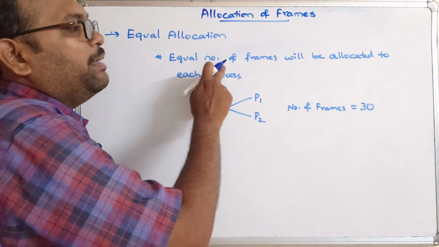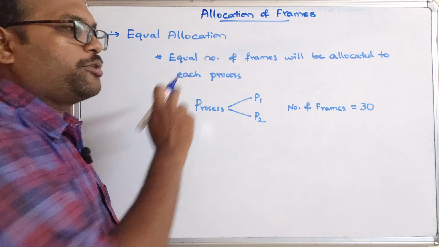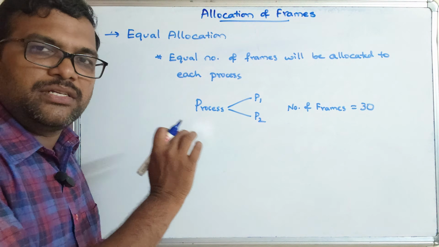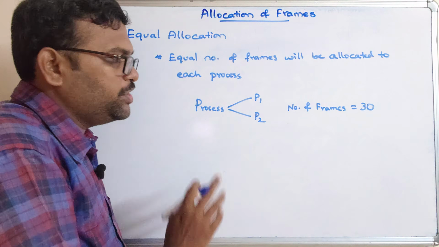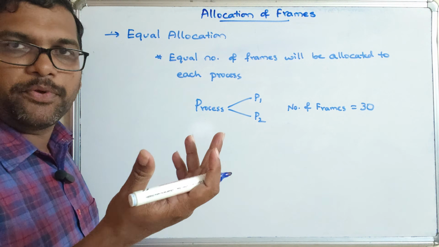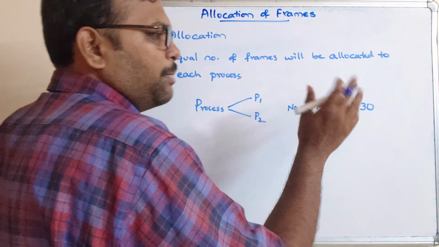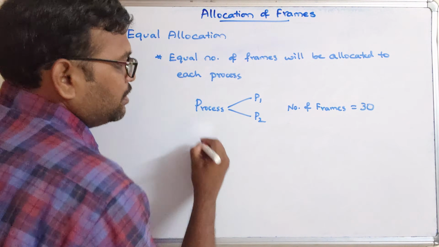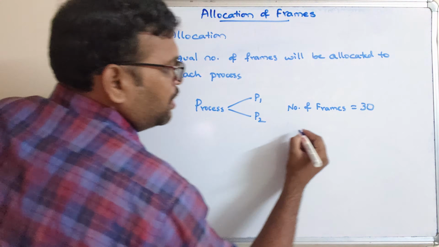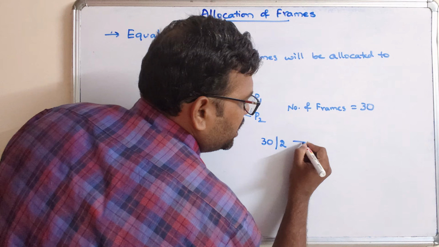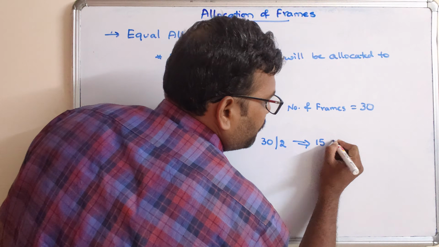Here an equal number of frames will be allocated to each process. How many frames will be allocated to P1 and P2? This is just to simplify the explanation by taking only two processes; there may be more processes. So with two processes and 30 frames in the primary memory, 30 divided by 2 gives 15 frames.